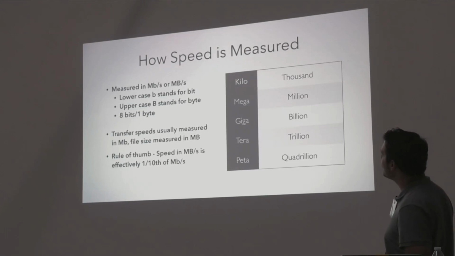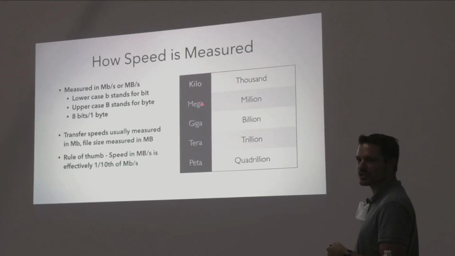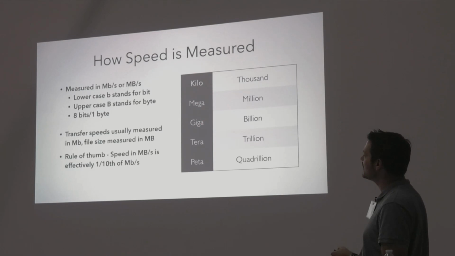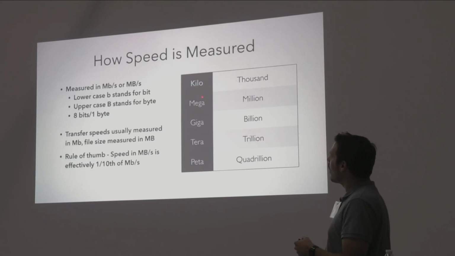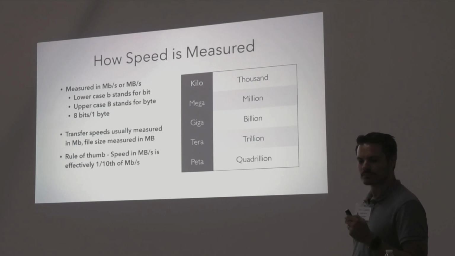So if we look at a chart, we have at the very bottom 1,000, which is kilo, 1,000,000, which is mega, 1,000,000,000, which is giga, trillion, which is tera, and then quadrillion, which is peta. So these can be applied to bits or bytes. You can have a kilobit or a kilobyte. Same thing with all of these.